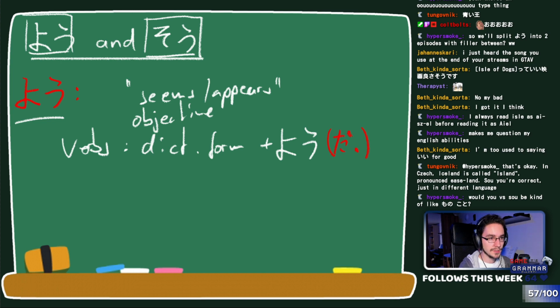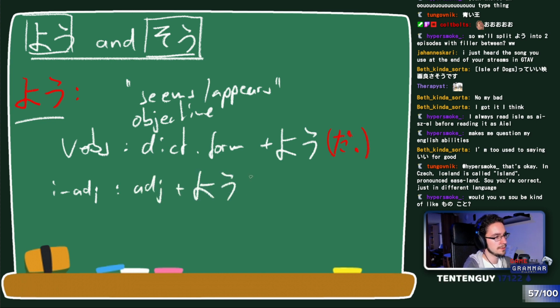So for e adjectives, usually you just add yo. There, yeah, karai works. So for e adjectives, it's once again no conjugation at all. You just have the adjective and then you add yo. So there's not much going on here that you need to consider.